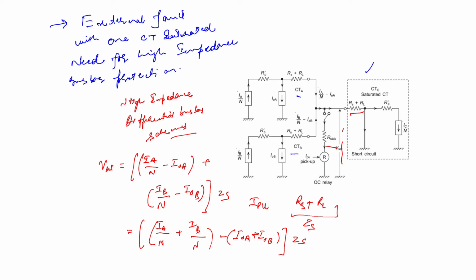In order that under this condition the current through the relay is less than or equal to the pickup value I pickup, we have the relation that R stabilizing should be greater than or equal to V set divided by I pickup.